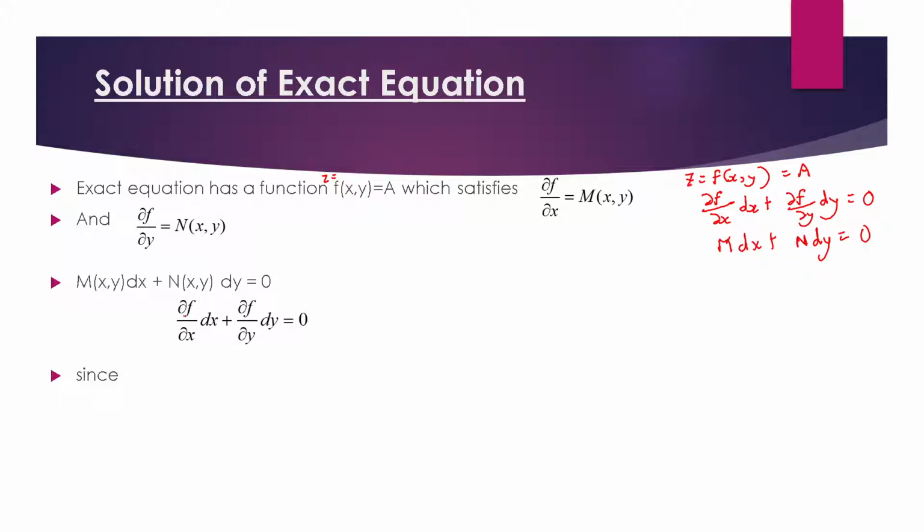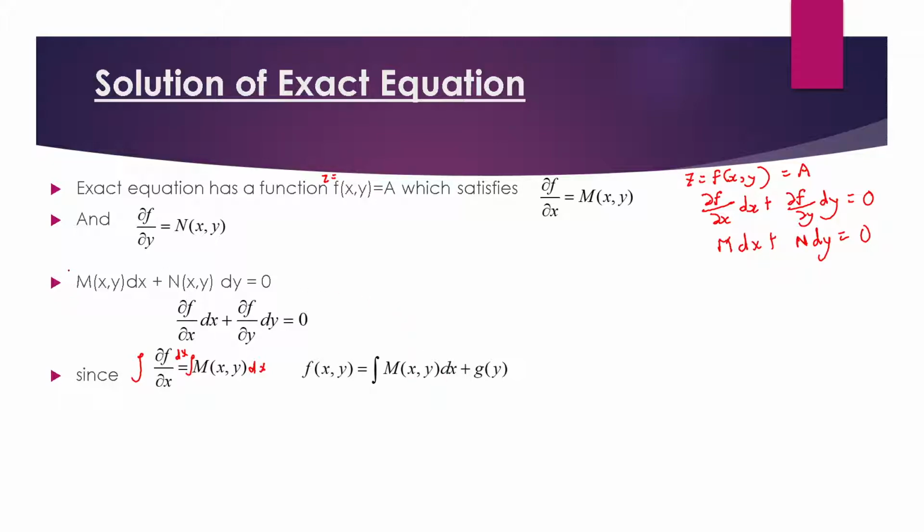To obtain back f, you can get it from del f del x equal to M(x,y). To obtain f, you integrate with respect to x on both sides. The del x and dx cancel out, and we obtain f(x,y). That's why f(x,y) is the integral of M dx.